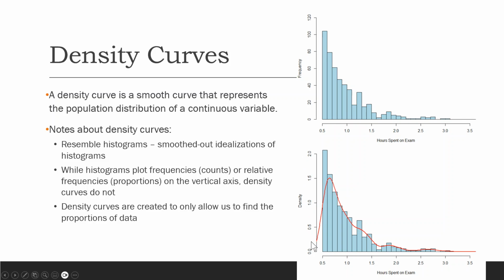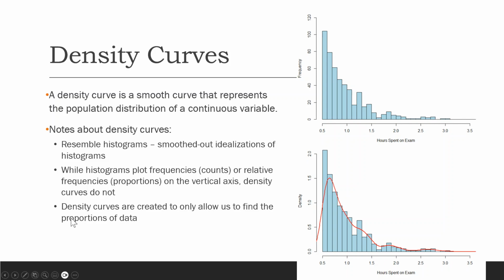The reason for this is that they're created differently in order to help us find proportions of data that cover certain values of our actual variable. So we're not going to read density curves in the same manner as we read, let's say, histograms or some of our other graphs related to descriptive statistics.